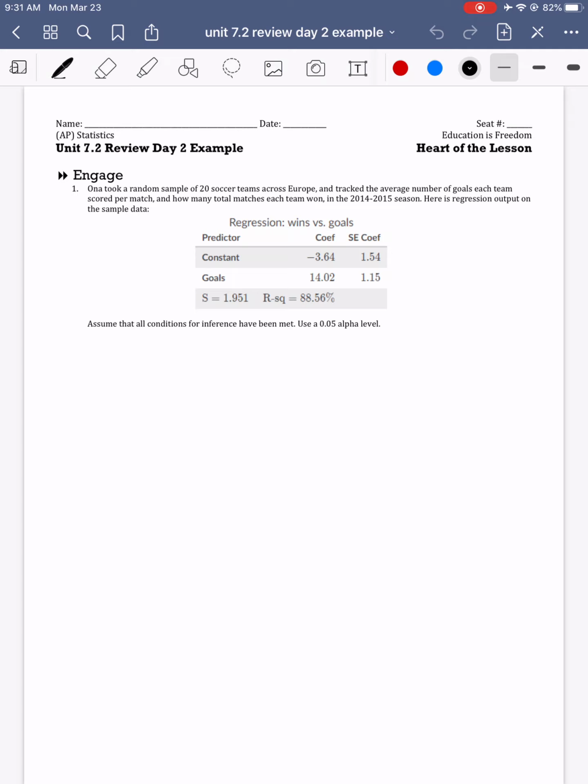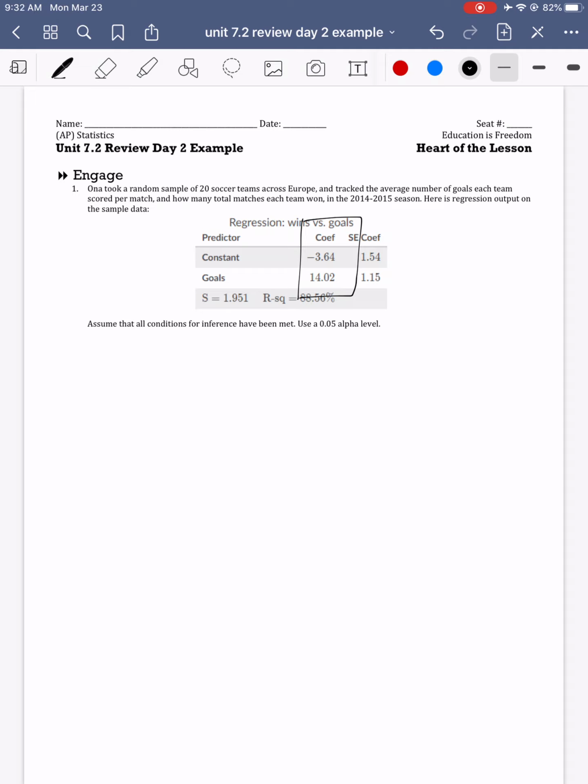hopefully this table looks familiar to you at least, and this is a slope regression table. If we look at this table from Unit 2, we talked about how the coefficients column gives us the information to make our y hat equation.